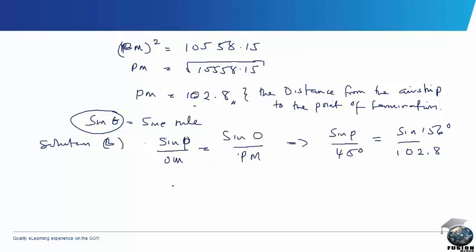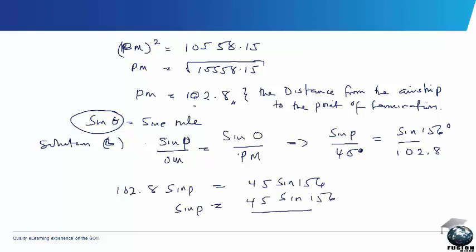And so we have that sine P will be equal to 45 sine 156 over 102.8. Sorry, this is not 45 degrees, it's 45 kilometers. So sine P will be equal to 45 sine 156 divided by 102.8.